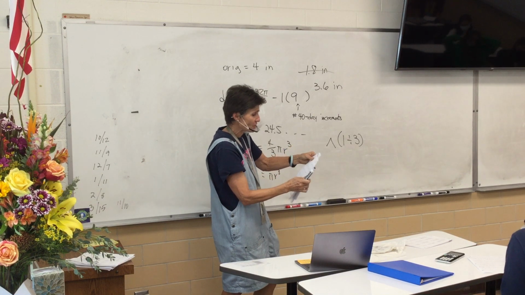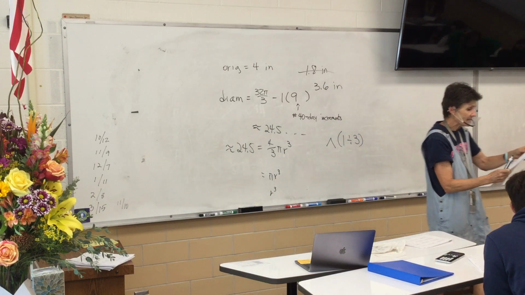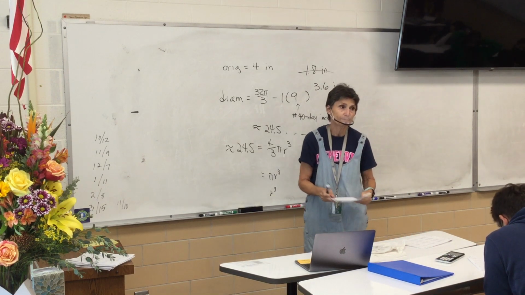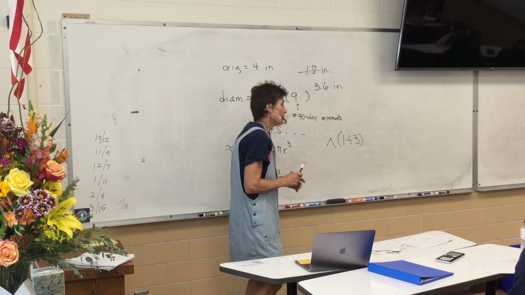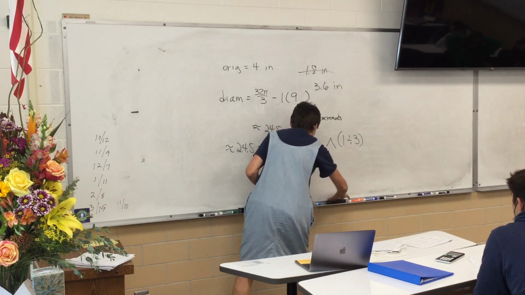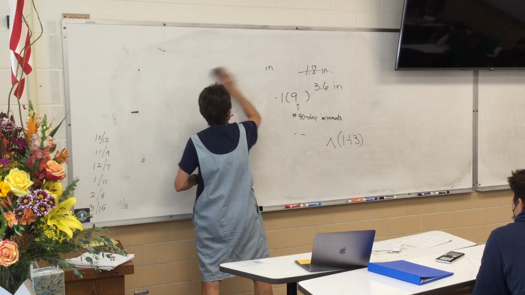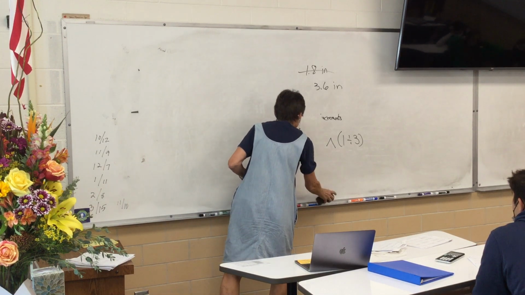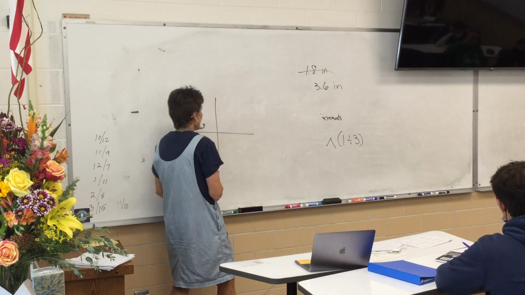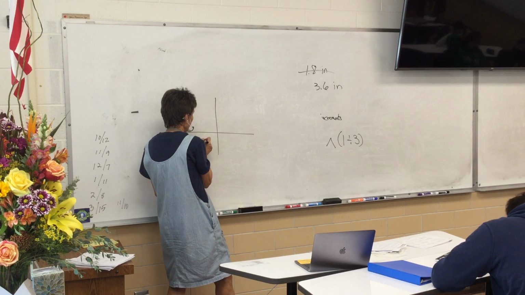All right, top of page 17, parametric equations. Defining x and y in terms of a third variable t. The best example I can think of for this that might make sense to you is, if we have our coordinate plane, and we have a car moving in the coordinate plane.